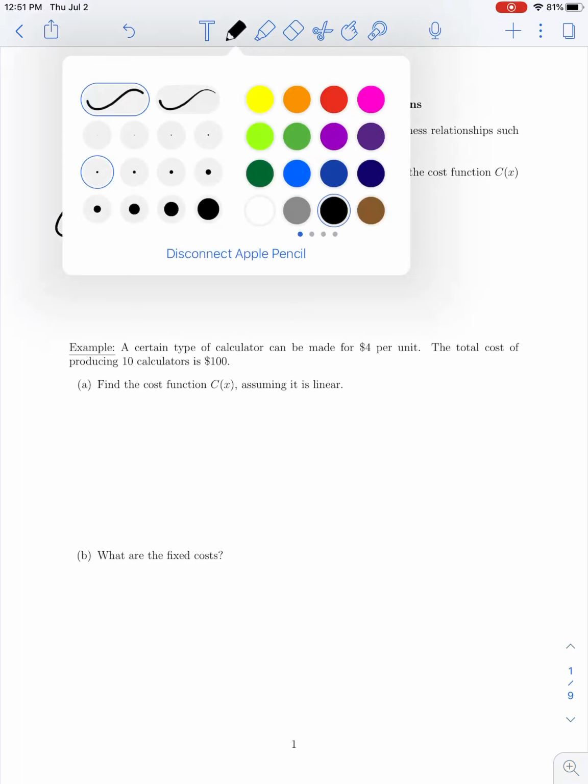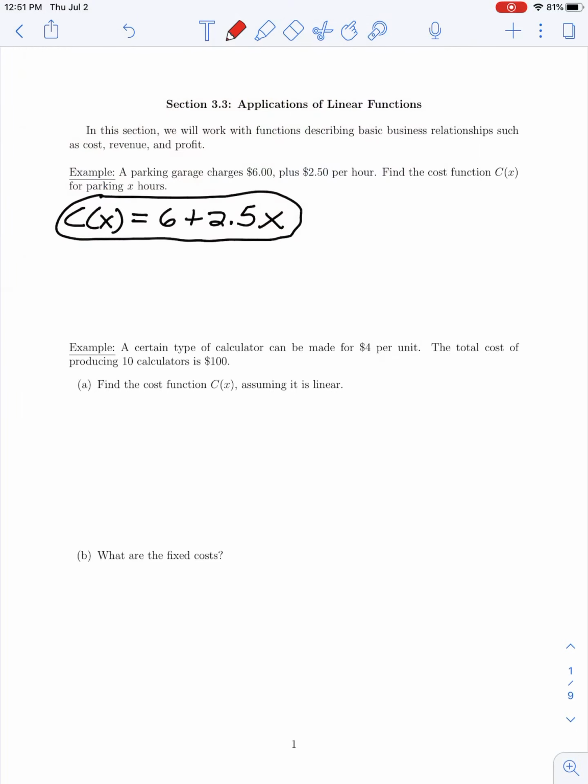Now these individual parts of our cost function we can consider as what are called the fixed cost. So regardless of how long we've parked, we have a fixed amount of $6 which is being charged.